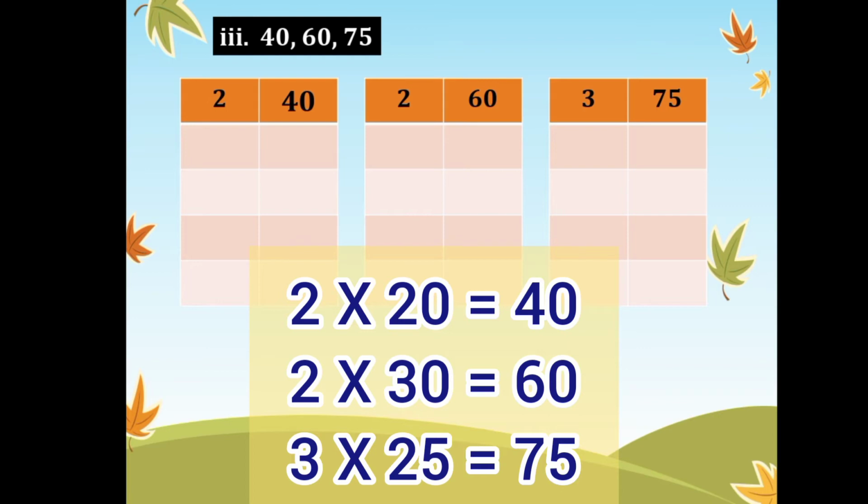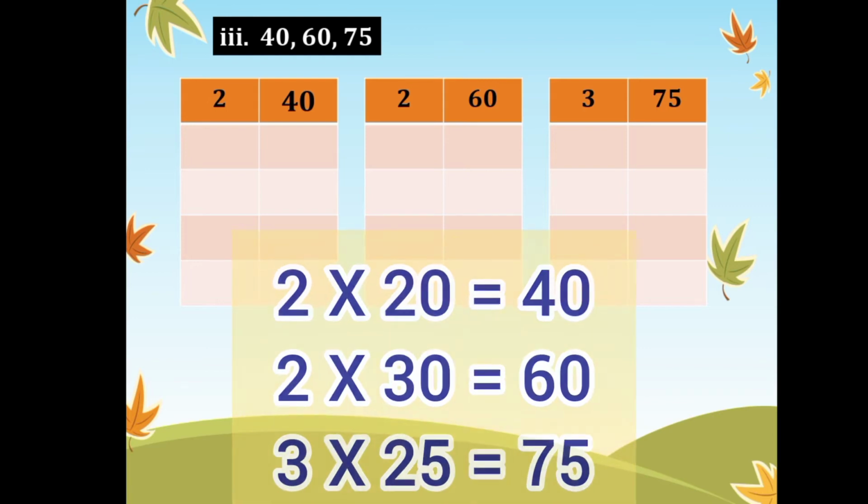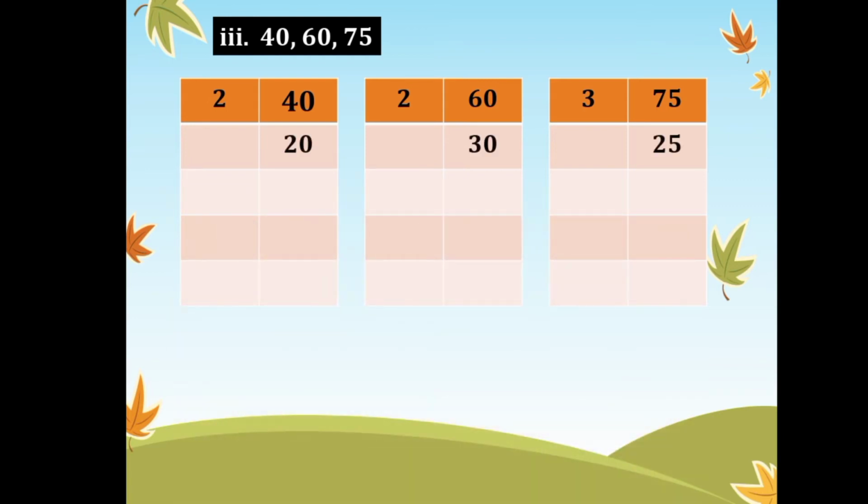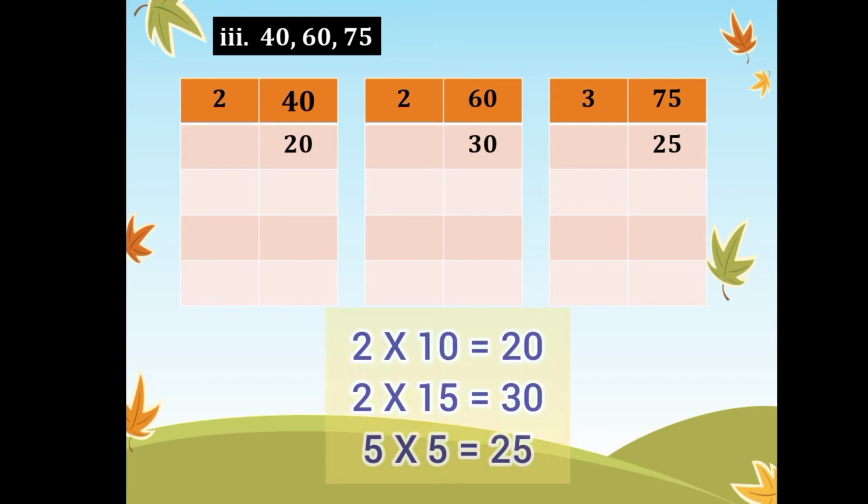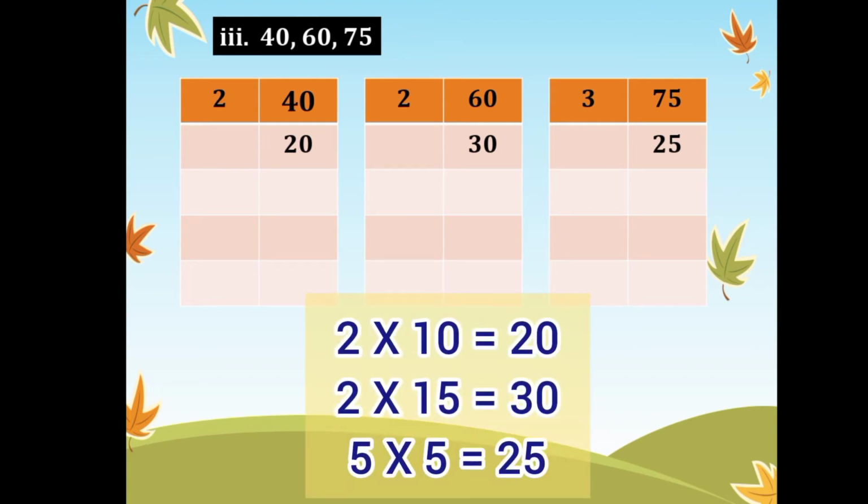But the last number 75 is odd, so it can be divisible by 3 or 5. We take the lowest first, that is 3. So 3 25s are 75, 2 30s are 60 and 2 20s are 40.